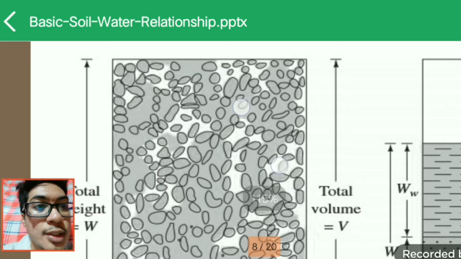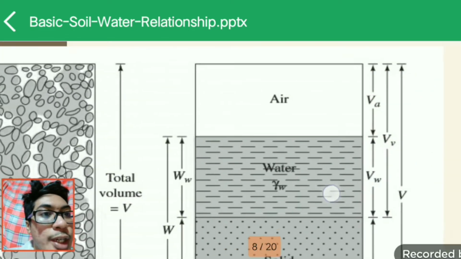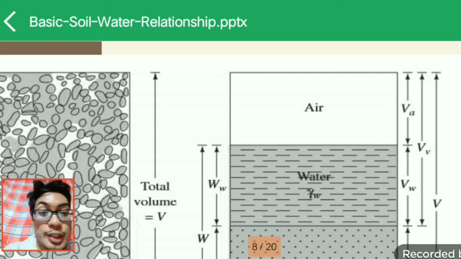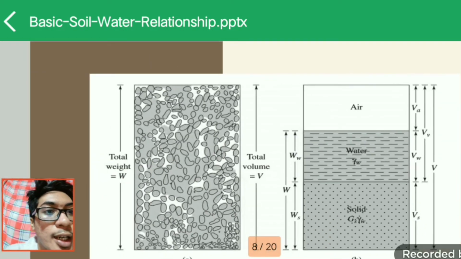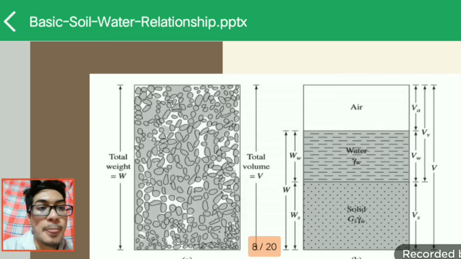That's the voids, which is composed of the volume of air and volume of water.